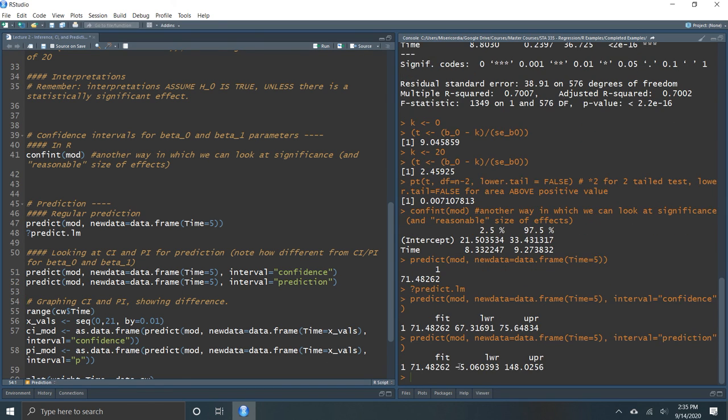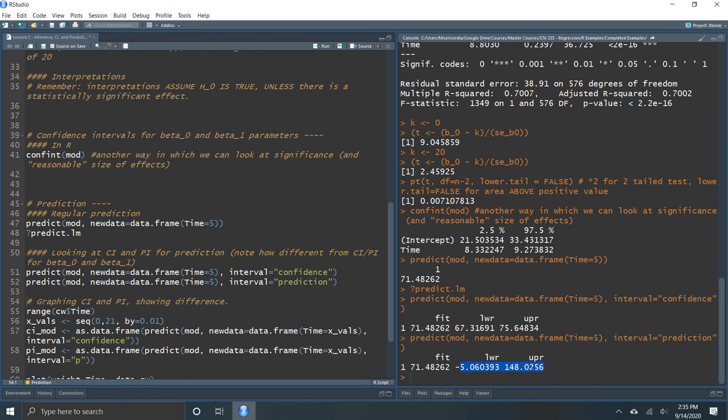So the prediction interval is between -5 and 148. So this is a ridiculously large prediction interval. But what does this mean? Well, it means that at time equals 5, for a new point, that new point could be, -5 is below zero, so it could be 0 weight, or it could be all the way up to 148.